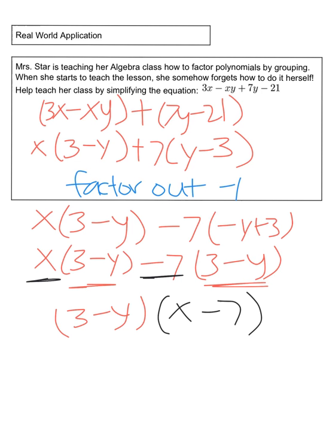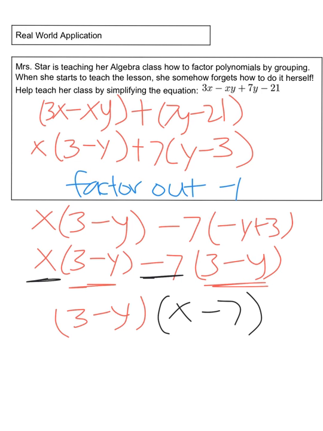So in the second group, we can factor out negative 1 so that what's left in the parentheses will be similar, and we can factor them out in the end. So we go x, and in parentheses 3 minus y, and then in the second group we have negative 7, and in parentheses we have negative y plus 3.